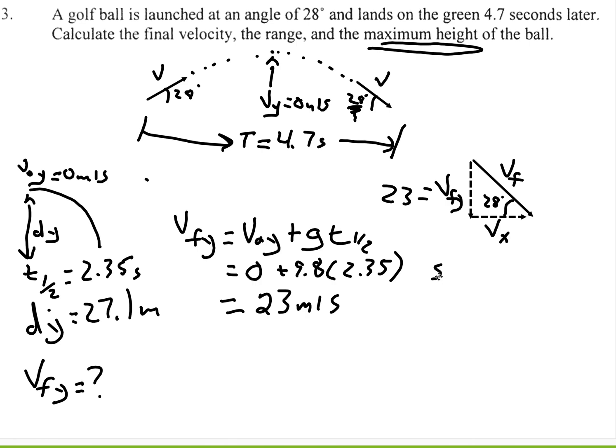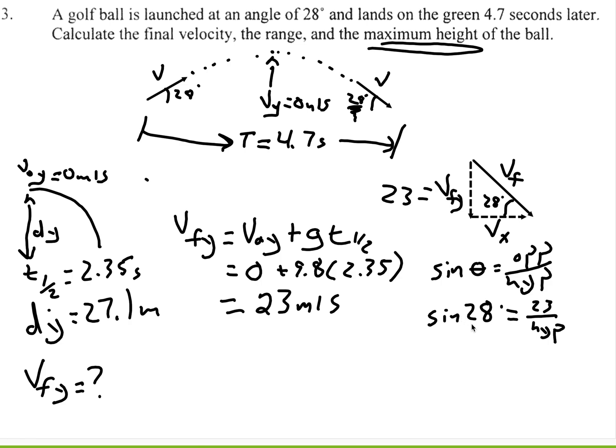Sine, that's right. So we'll use the sine of the angle, which is opposite over hypotenuse. That's the SO in SOHCAHTOA. So in my calculator, I would have sine of 28 equals the opposite side, 23, divided by the hypotenuse.